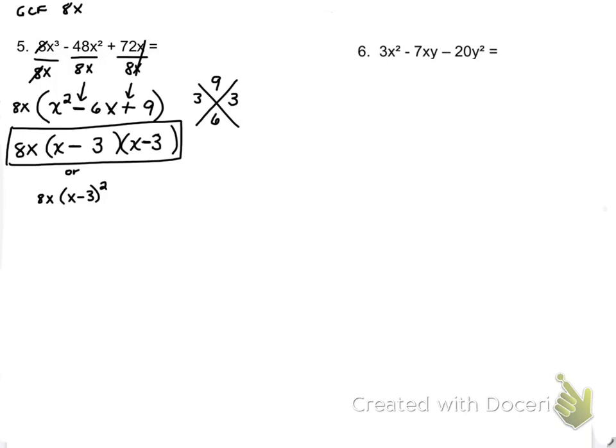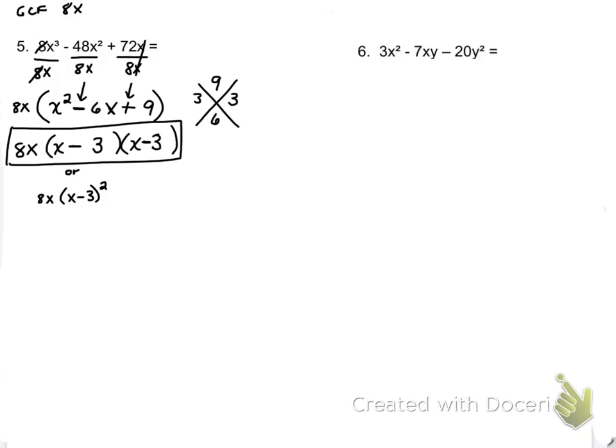All right, let's look at number 6. Again, we've got that XY thing, which always adds a little level of complication, but there is no greatest common factor. And there are 3 terms. All right, well, if we go back to our flow chart with 3 terms, if there's a number in front, we have to use a process of some kind.